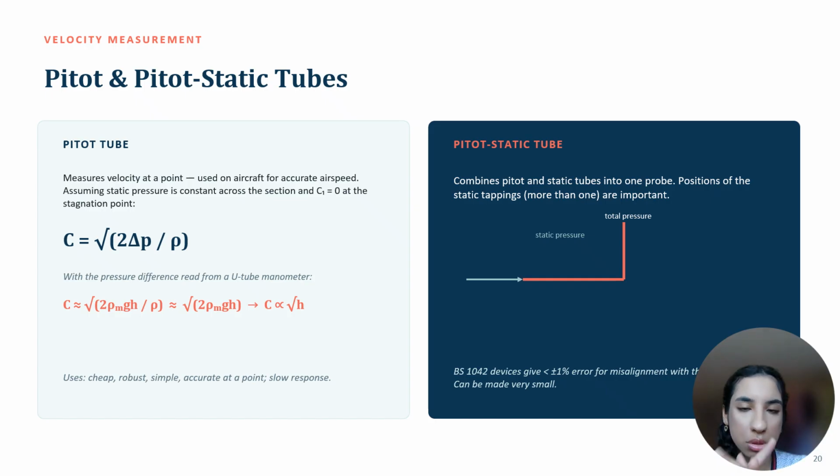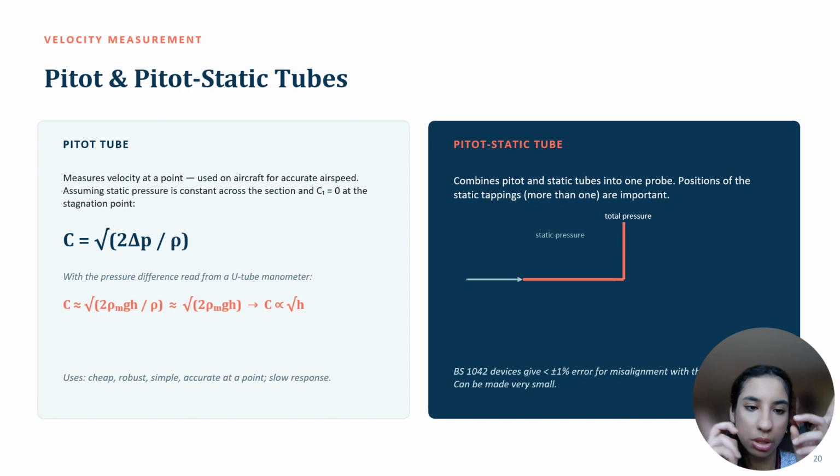We use the U-tube manometer to find the difference in pressure. Anyways, you find C, which is the velocity of the airspeed. You just use that formula, square root of 2 times change in pressure over rho.